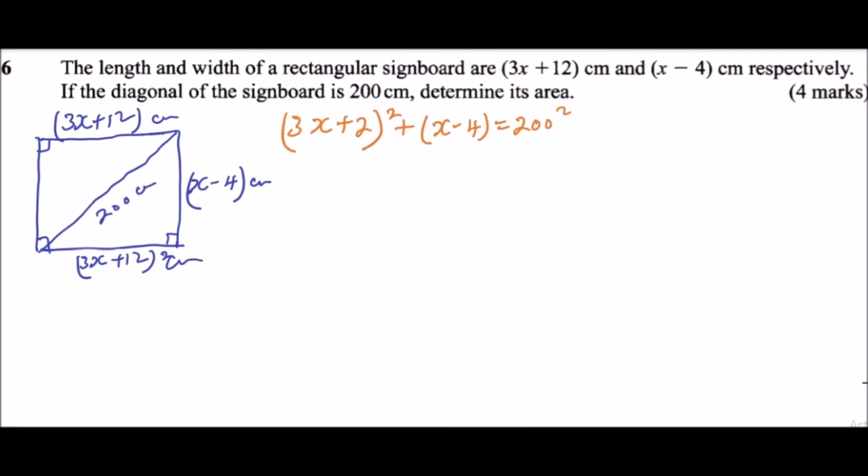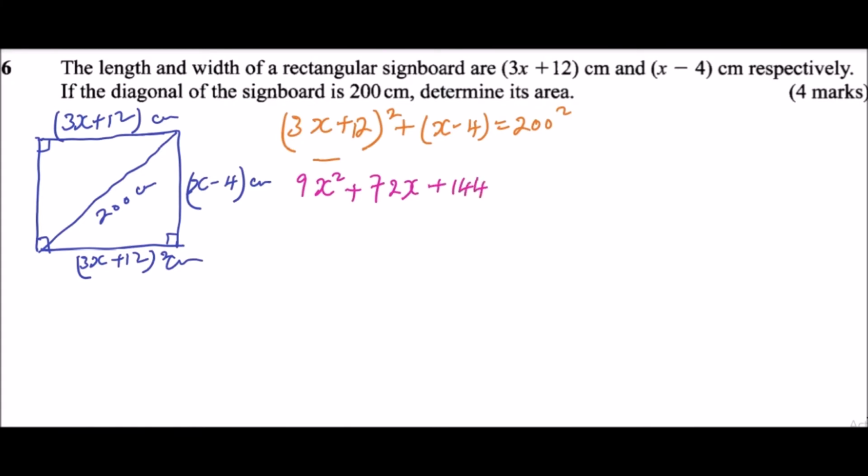So when you open the bracket and square this, you will get 9x squared plus 72x, this is 12, not 2, so plus 72x, and then plus 12 squared is 144.